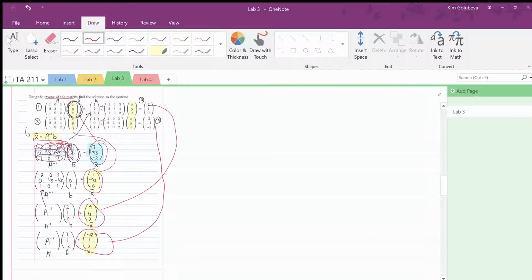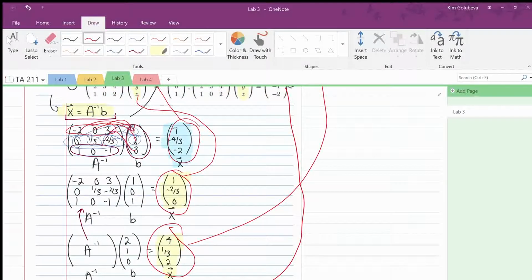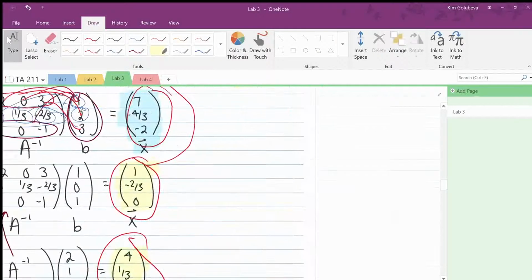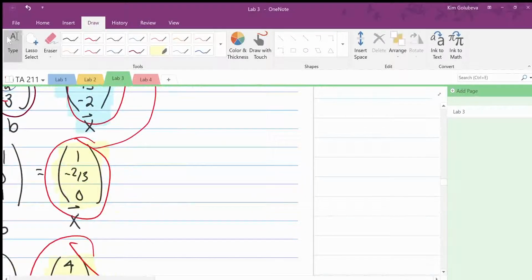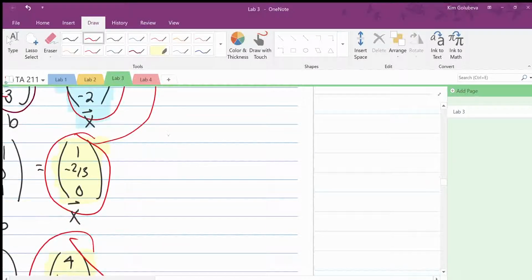Okay, so all we did is we found our inverse. So for these questions, if you have to find the solution of the system with the inverses, your first step is to find the inverse, so find A inverse.